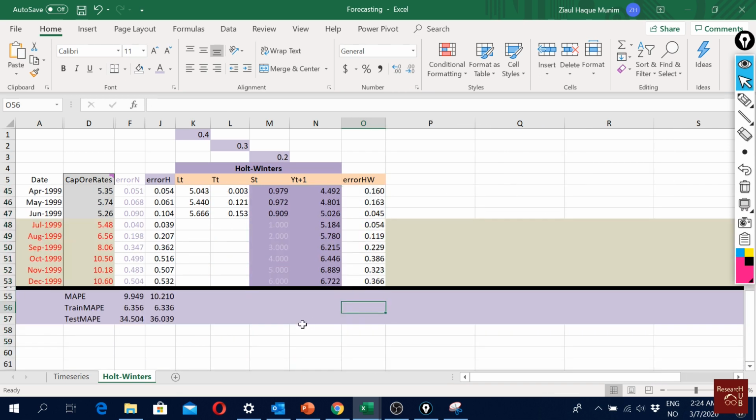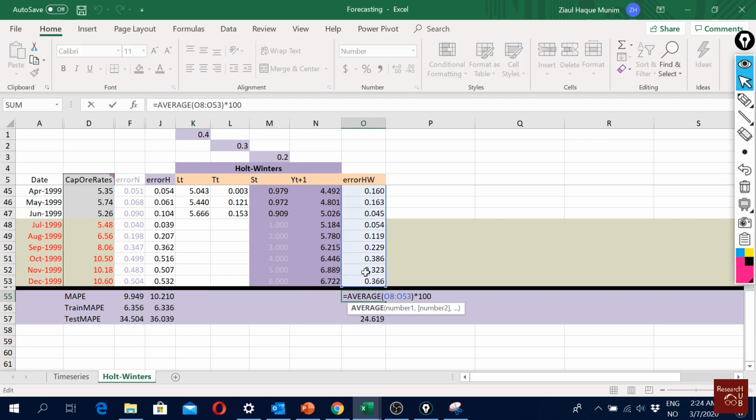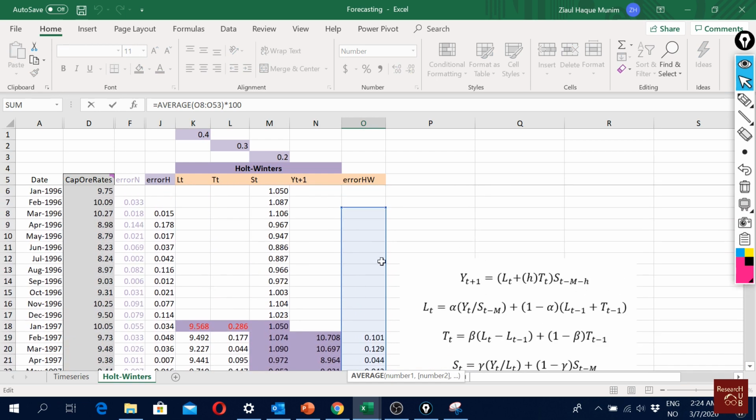Okay, and then I'm going to drag these equations from there. Of course I have to remove all these parts because this only relates to the error part. So again, if you look here, you will see that we just have the average of the percentage error part. So I will start from this point here.